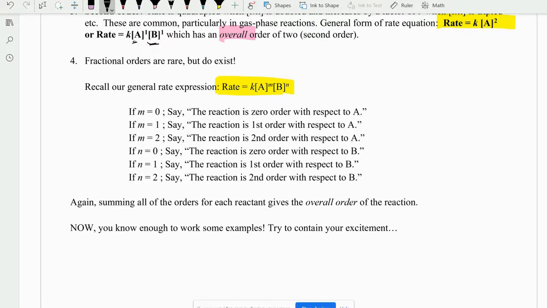For example, if reactant A is 0 order, you would say the reaction is 0 order with respect to A. Now, I'm not going to read all of these to you, but generally speaking, this would be the appropriate way to write and talk when speaking about rate expressions and orders.